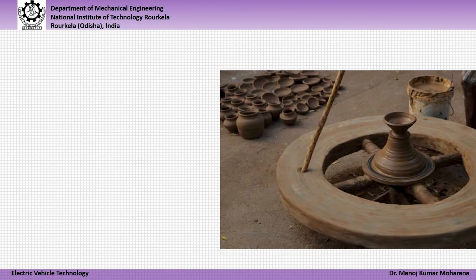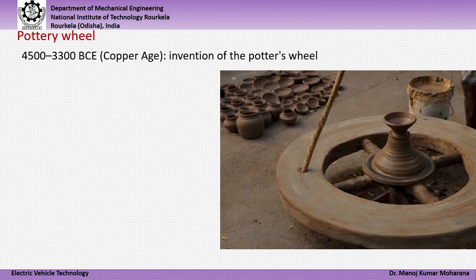If you try to trace back the development of the wheel, it basically can be considered to be the invention of the pottery wheel, which was done during the copper age, around 4500 to 3300 BCE.